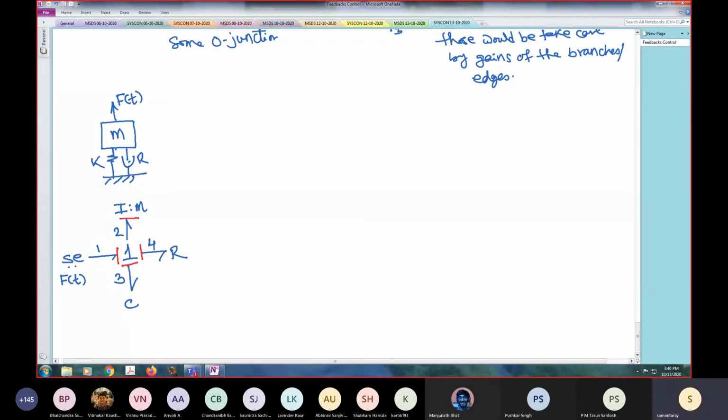Now, for signal flow graph, what will we do? Number one, we will introduce effort and flow nodes.